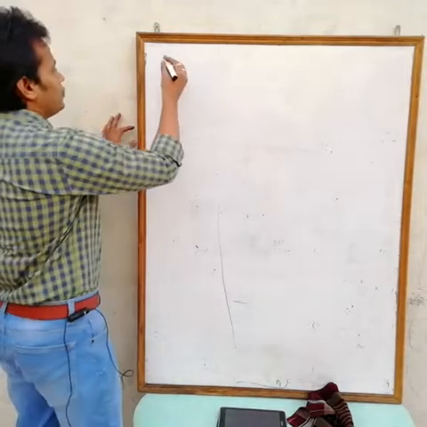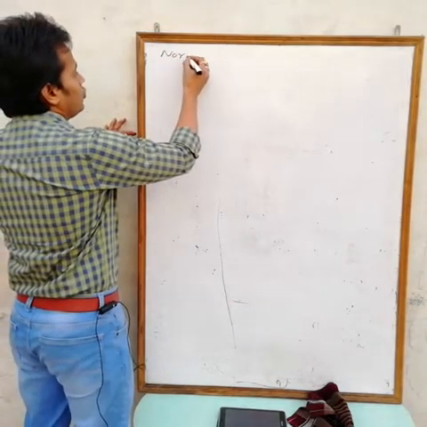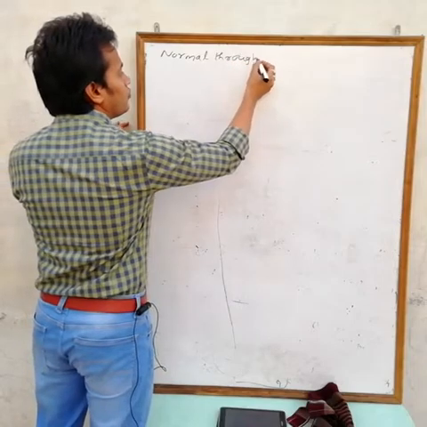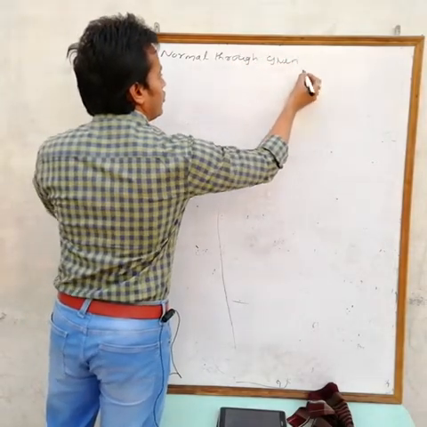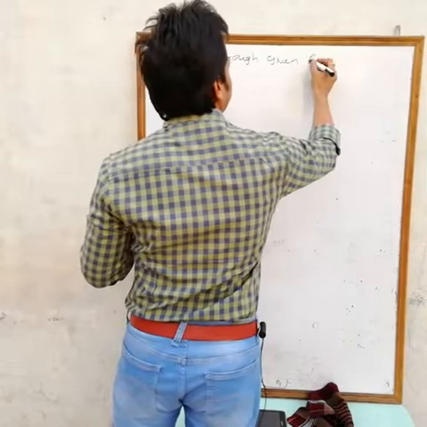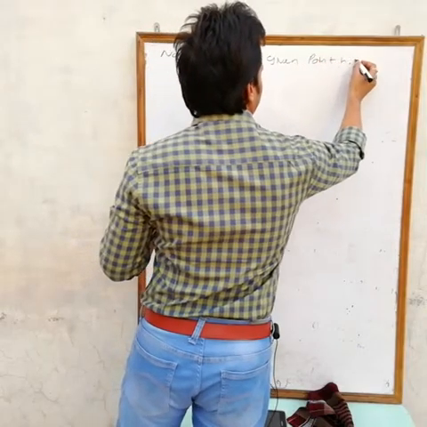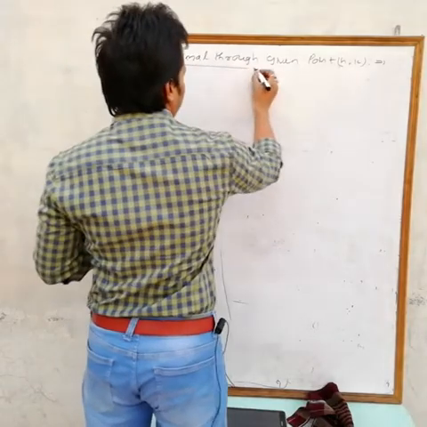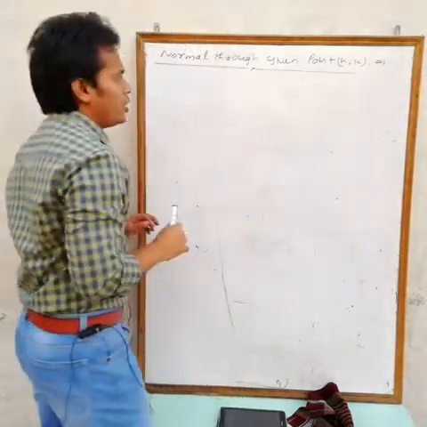Okay. So normals through a given point h comma k. The derivation is the same as in tangents through h comma k.